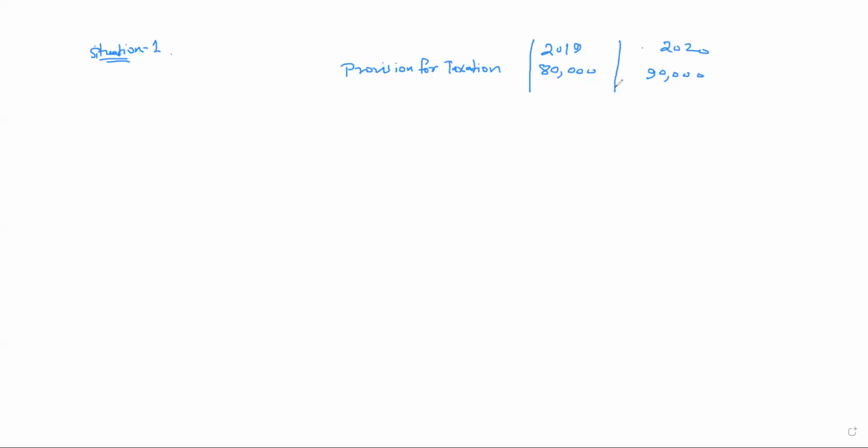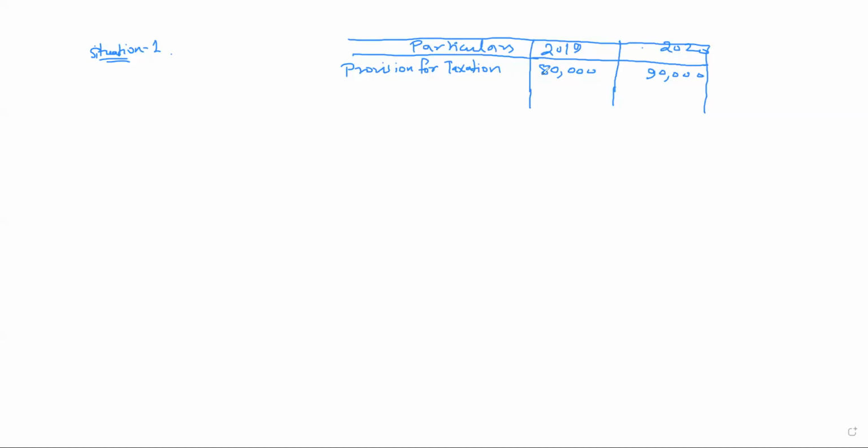Now, first thing that you have to understand here: I am preparing the cash flow statement for which accounting year, 19 or 20? Cash flow statement is always prepared for the current year, that is for the year 2020.